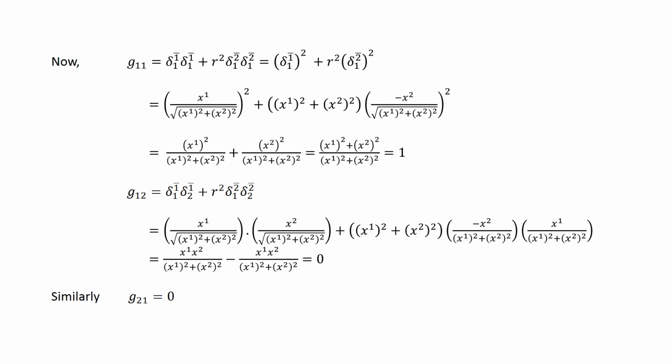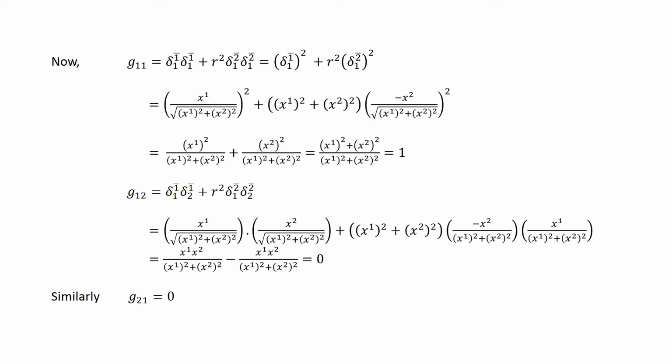Substituting the values of delta 1 bar 1, which is x1 over x1 square plus x2 square whole square root, delta 1 bar 2 is equal to x2 over x1 square plus x2 square whole square root, plus r square is replaced with x1 square plus x2 square, and substituting the value of delta 2 bar 1, which is minus x2 over x1 square plus x2 square, and the last term delta 2 bar 2 is replaced with x1 over x1 square plus x2 square.